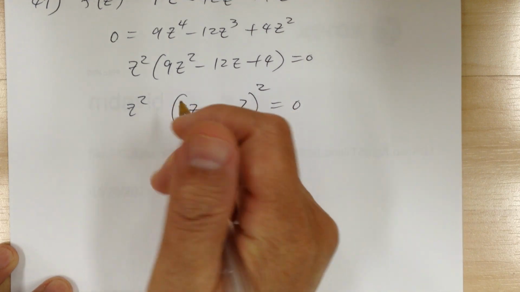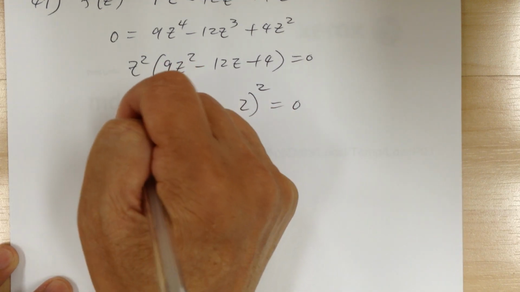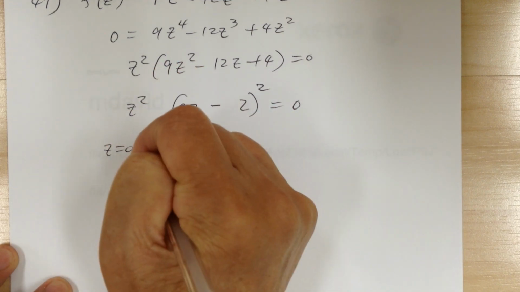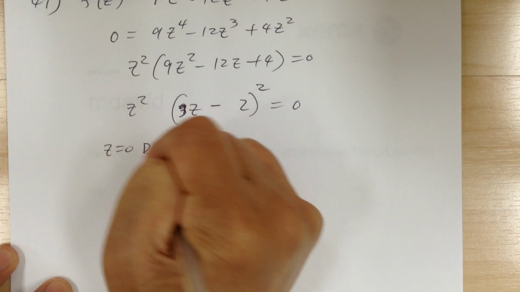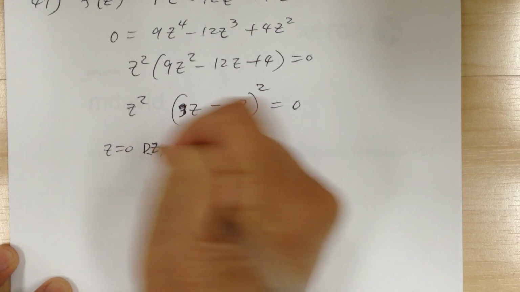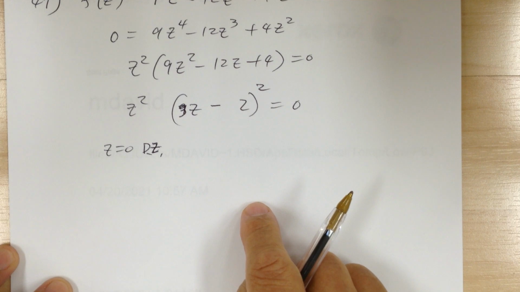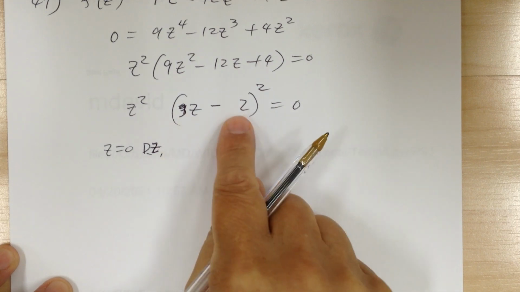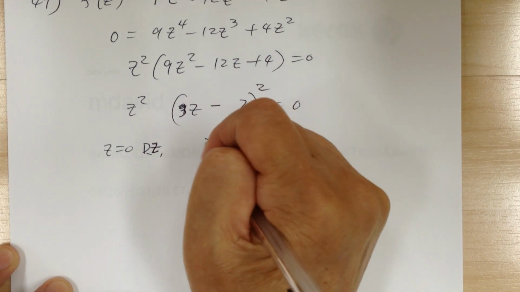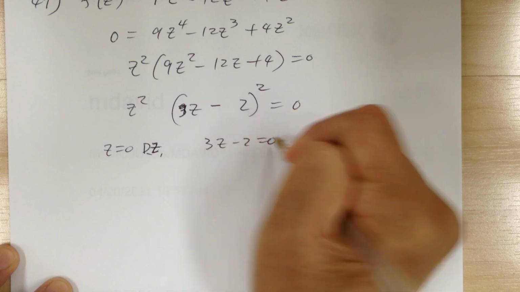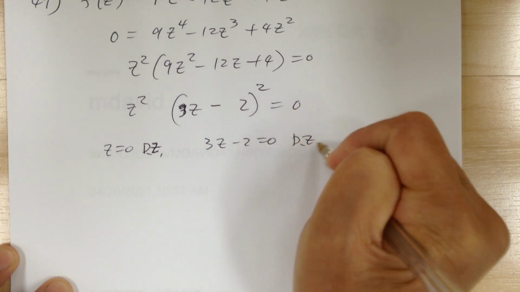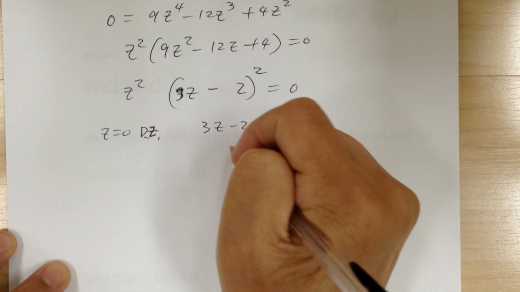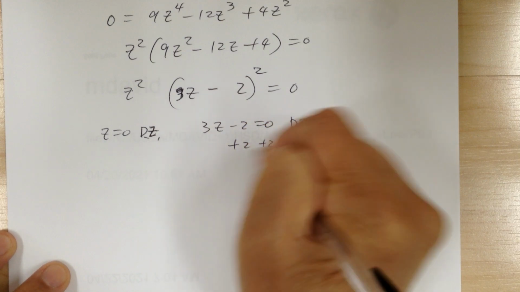So from here you're going to get z equal to 0, and this is a double 0. Not a double root, but double 0 because you're looking for the zeros. Now this one, it's not as obvious, so you just set it equal to 0, and again this is double 0. And after that, just solve, so plus 2 on each side.